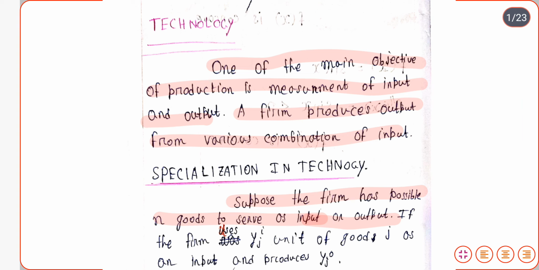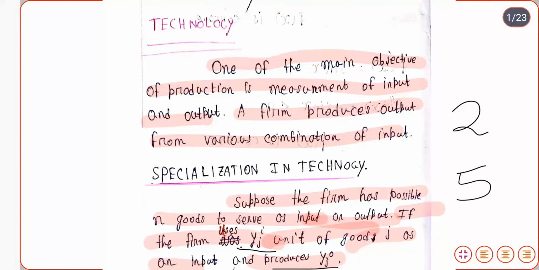Now in this case we are assuming that the farm is using yji units of good j. That means the farm is taking yji units of good j as input and produces yj0. Suppose the farm is using 2 units of good j as input, so yji is 2, and the farm is producing 5 units of biscuit.